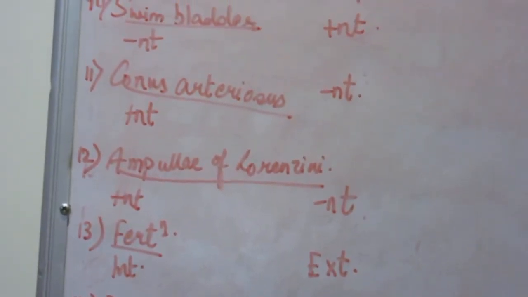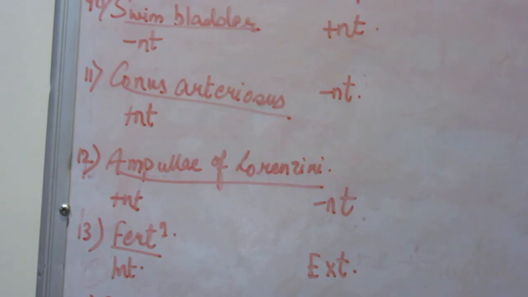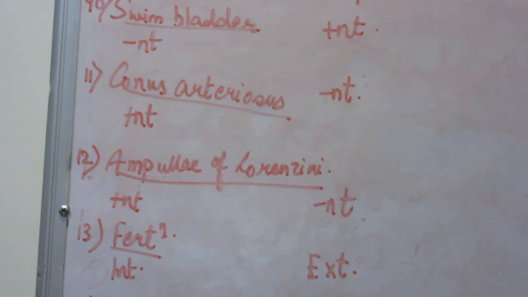Then is the ampulla of Lorenzini, which is present in C and absent in O. Ampulla of Lorenzini is actually a special sensing organ, called electroreceptors. So that sensing organ is present in the cartilaginous fishes but absent in O. Next is fertilization.